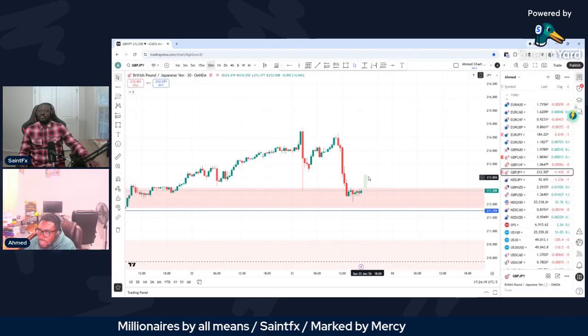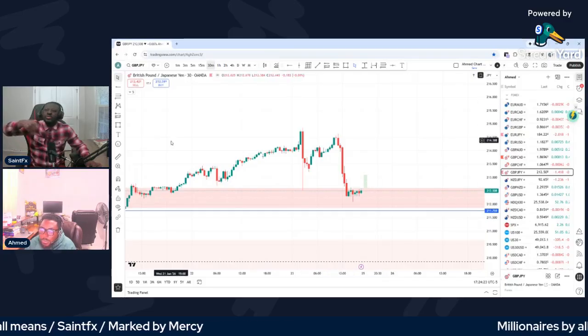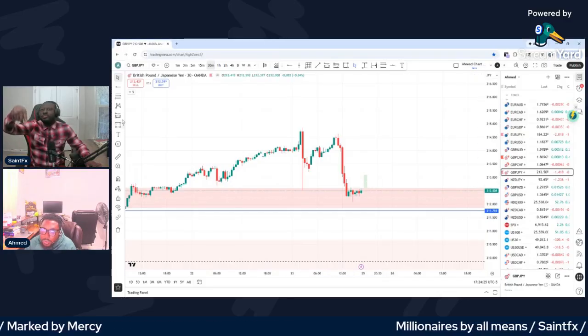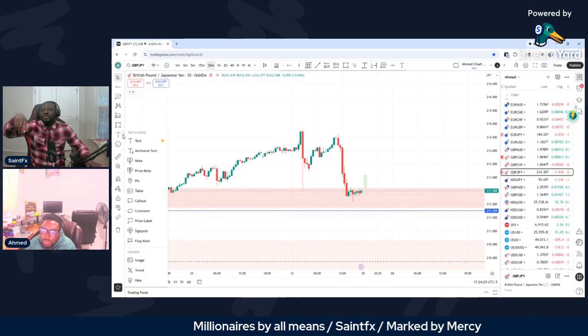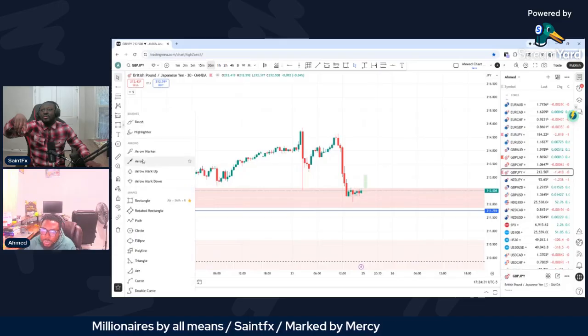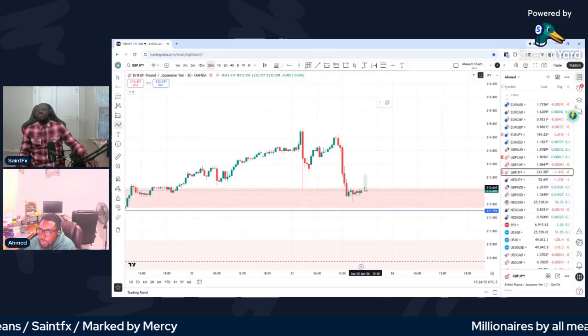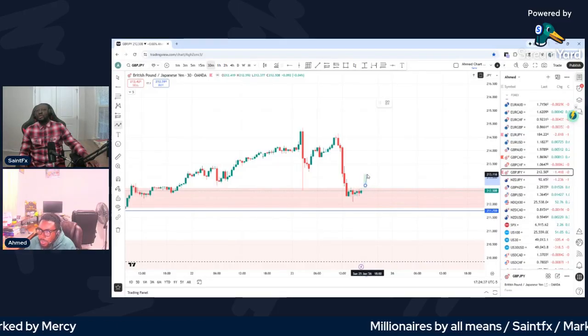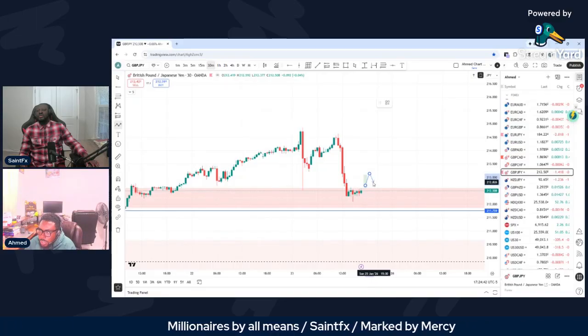You can draw with the wave tool. You don't have to do the box. I want to see something like this. Then I would wait for a retracement.